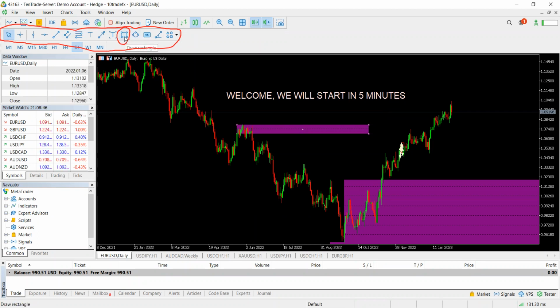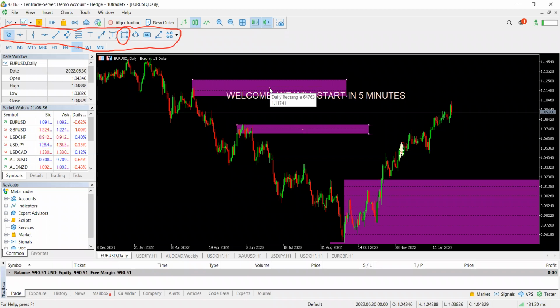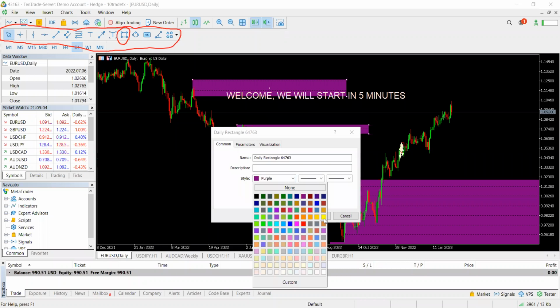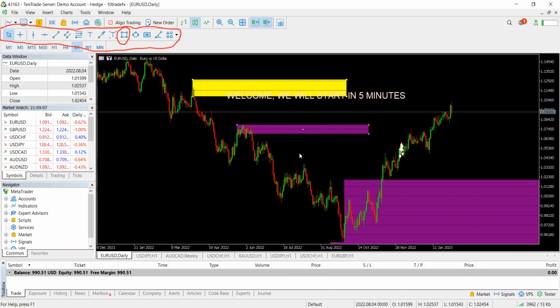Once you've added it, you click on it, it will be highlighted, and then you draw it wherever you want. You can change the colors: right click on properties, rectangle, style, under style you change the color to whatever, let's say yellow.